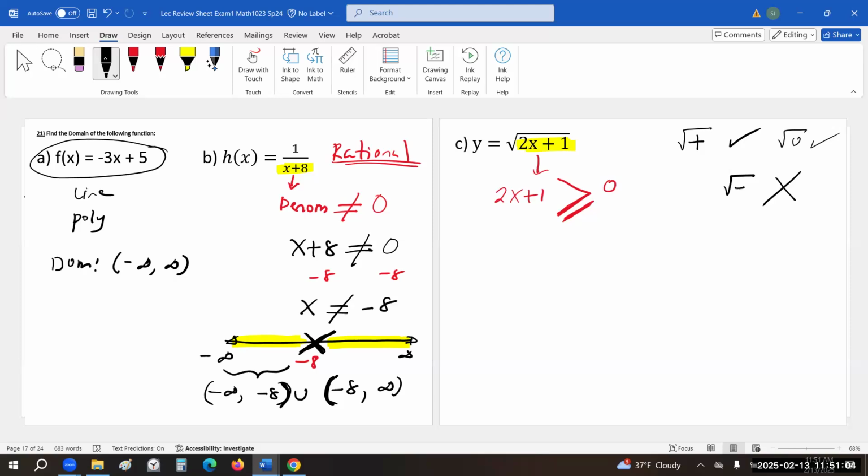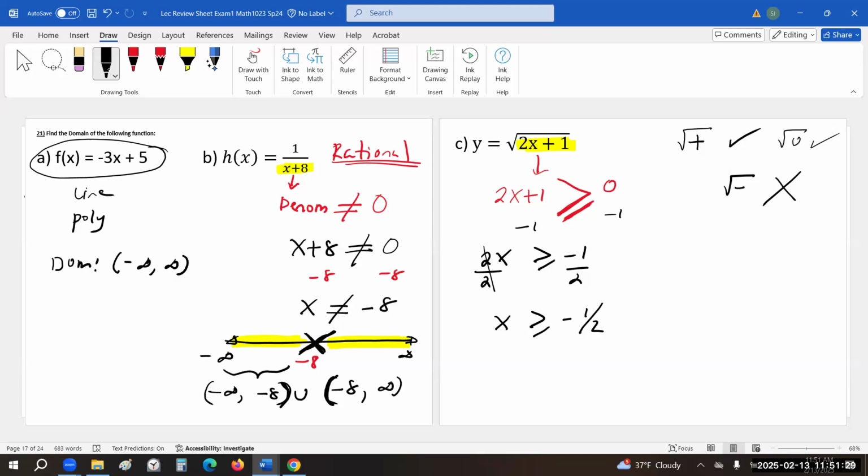So what do we do? Subtract 1, right? So 2x has to be bigger than or equal to -1. And now to get x alone, divide by 2. So our condition is that x has to start exactly from -1/2.